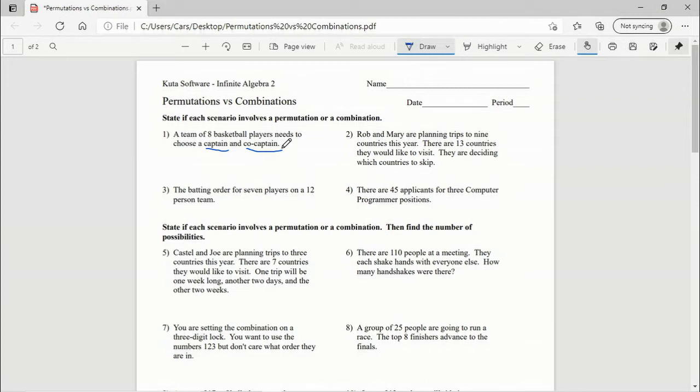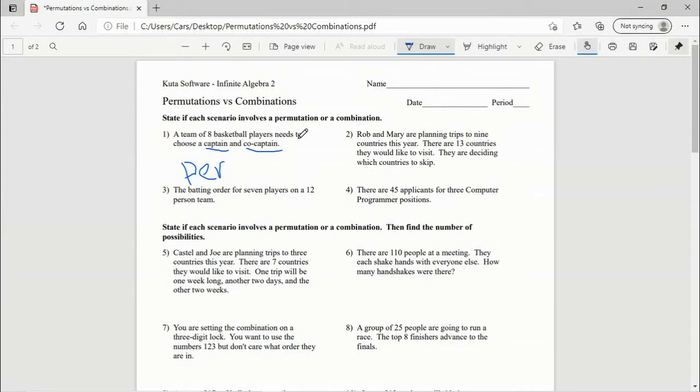So out of the two, which one are we using? Are we using permutations or combinations? Remember, order does matter. So it's permutation.